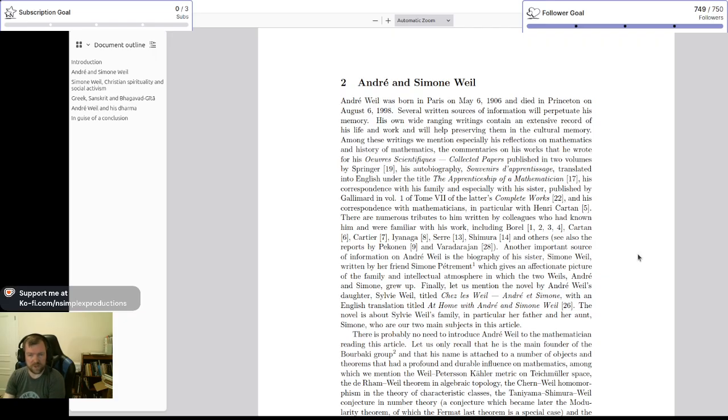Finally, let us mention the novel by André Weil's daughter Sylvie Weil, titled Chez les Weil, André et Simone, with an English translation titled At Home with André and Simone Weil. The novel is about Sylvie Weil's family, in particular her father and her aunt Simone, who are our main subjects in this article.